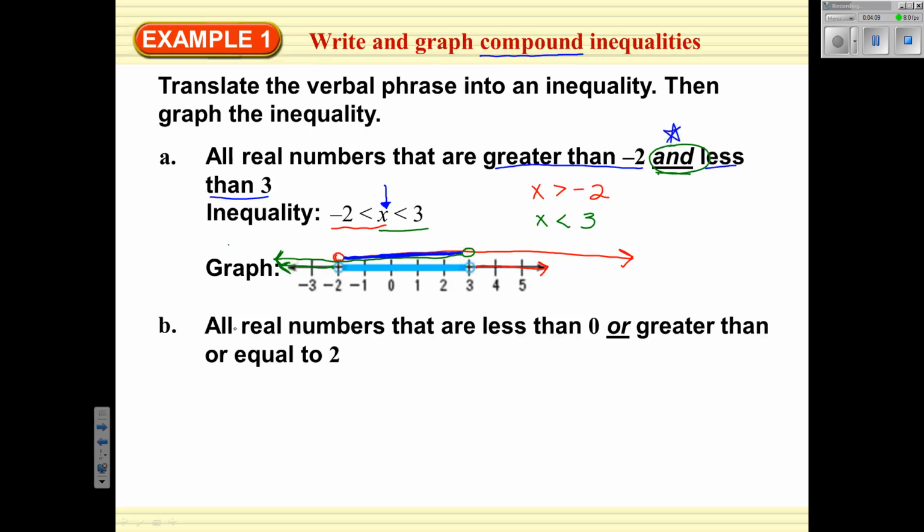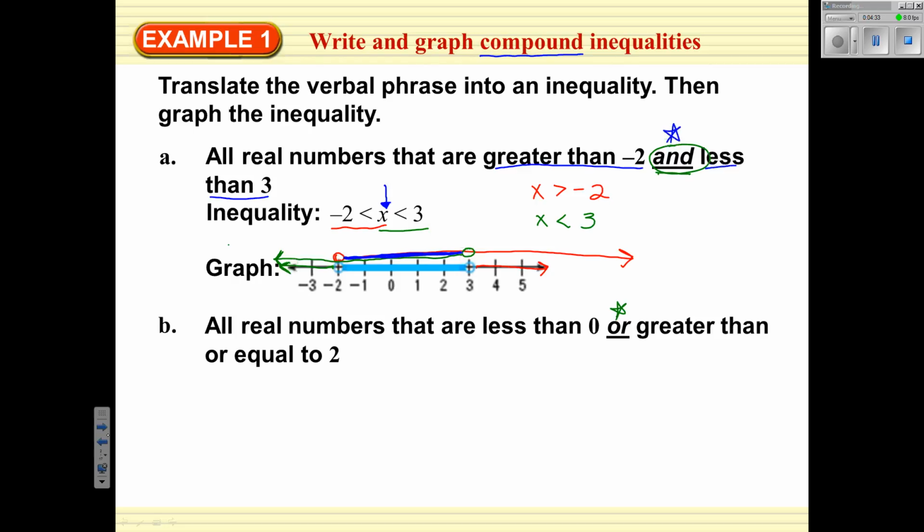So the next one is going to be all real numbers that are less than 0 or greater than or equal to 2. So again, now this time we have the word or. That word or means it only has to satisfy one or the other to be part of our solution set. They only have to satisfy one part, not both parts.